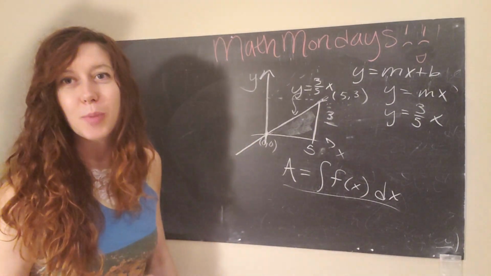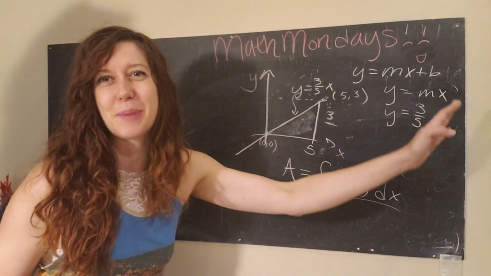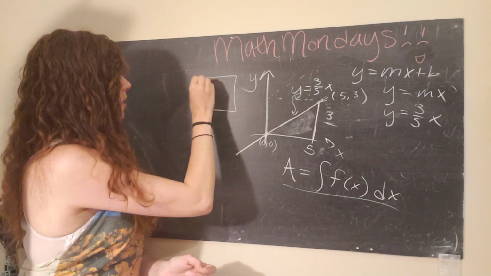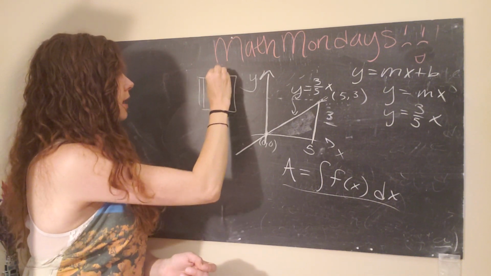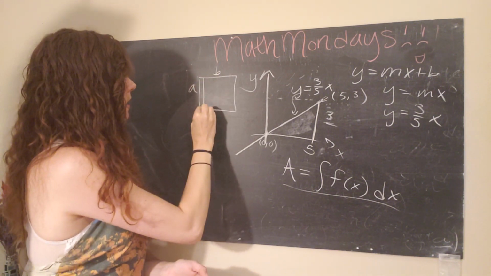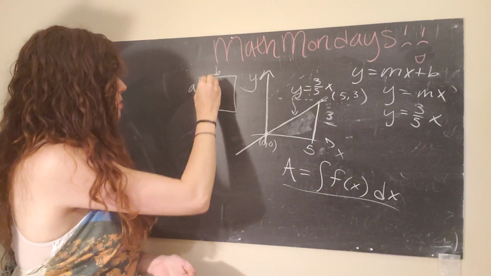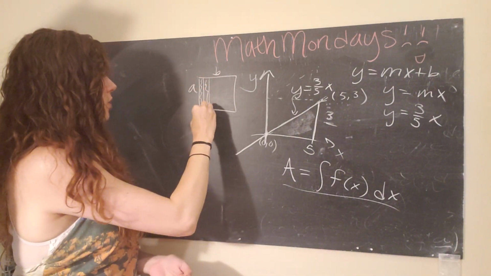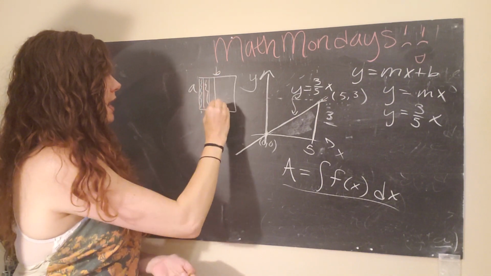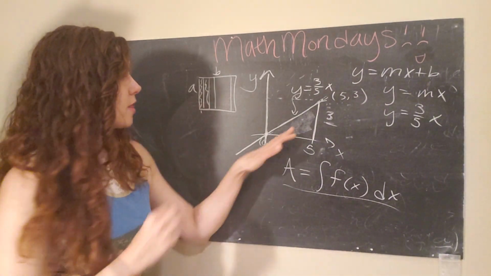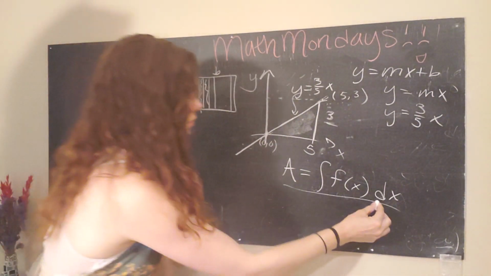So remember how in part 1, it might be a distant past, but in part 1, we took a rectangle and we said, okay, if we have a length of b and a height of a, if I want to figure out the equation for this rectangle, I break it into smaller chunks with width 1, and I add them up until I get to the end. So that's what we're doing here.